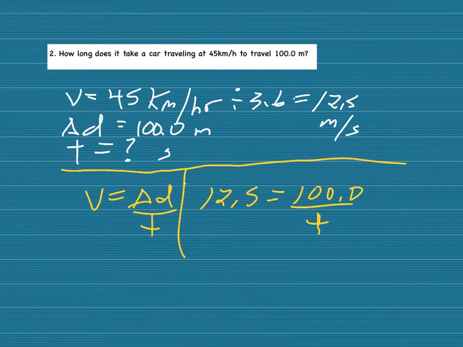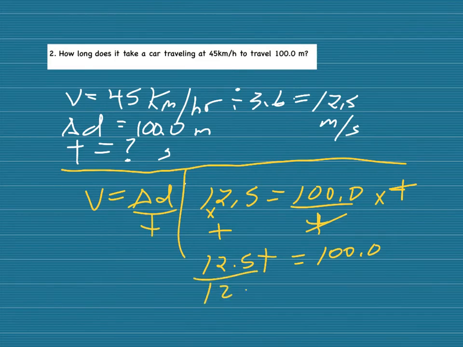So I'm going to multiply both sides by t. It cancels on this side. And this ends up being 12.5 t, times time, is equal to 100.0. Then I can just divide both sides by 12.5.